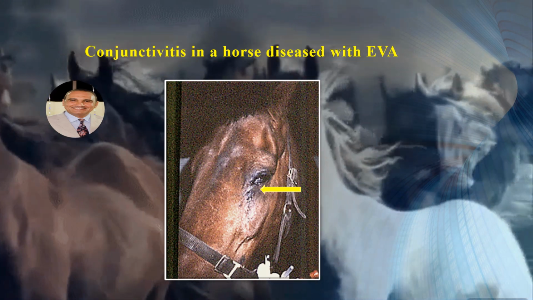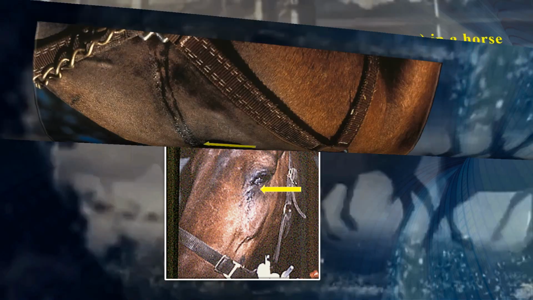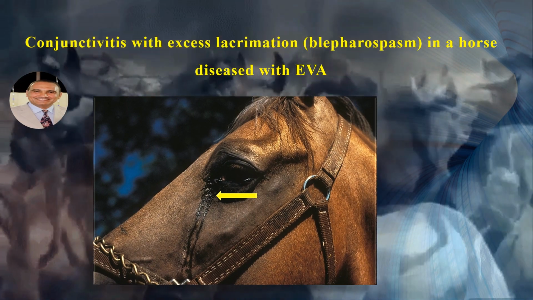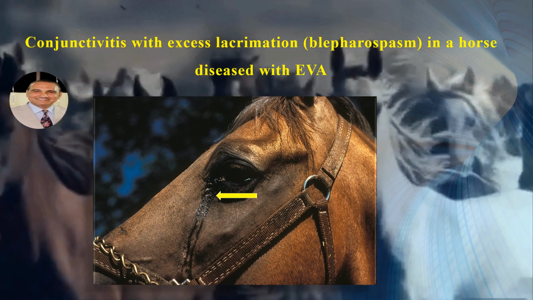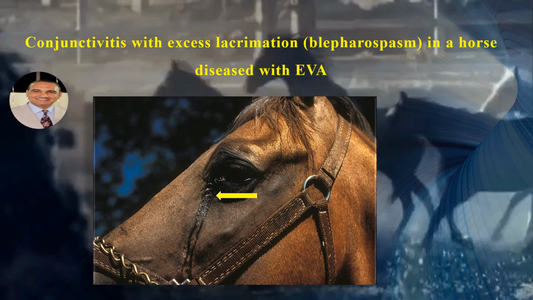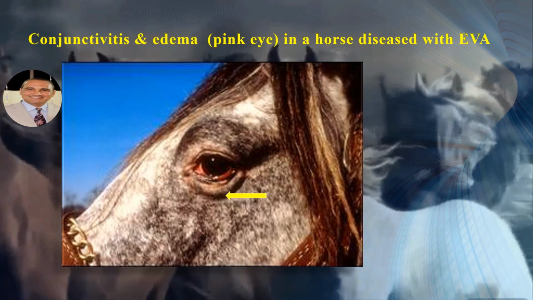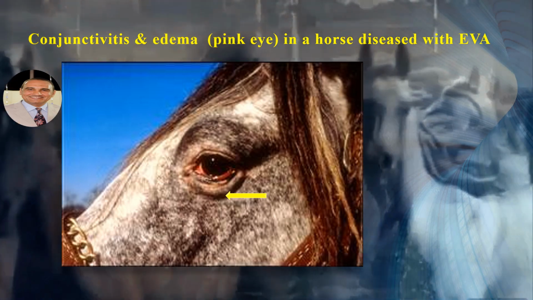Conjunctivitis in a horse diseased with equine viral arteritis. Conjunctivitis with excess lacrimation and blepharospasm. Conjunctivitis and edema, pink eye.